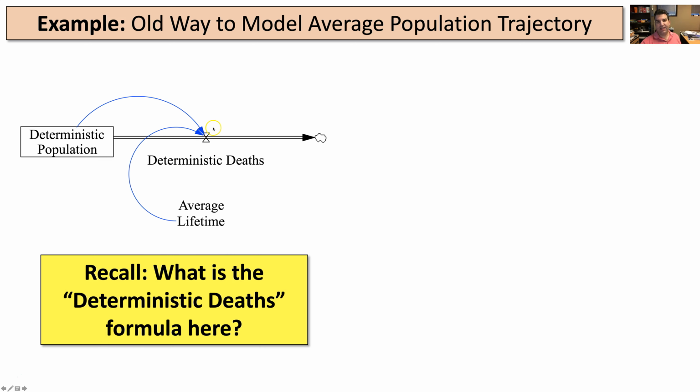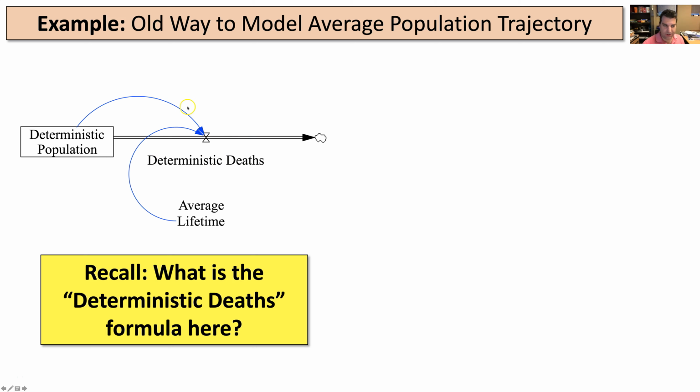To the more mathematically inclined of you, if you call this x, you can think of this as minus dx/dt. And if I think of this as a population where each individual has an average lifetime, then I'm asking what do you put in for this minus dx/dt formula.